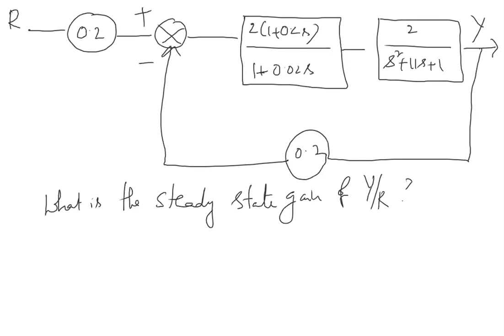Four by 9. The input here, for steady state gain, is by default 1 by s.